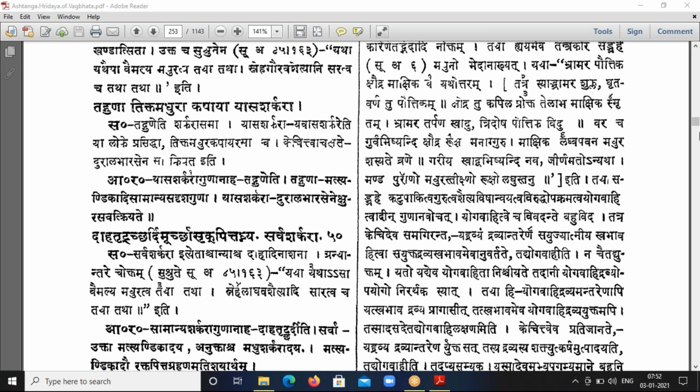In Sangraham, we will find a few more sources from which you can make Sharkara. Trudosha Shamanatvam is attributed to this Yasha Sharkara and other alternatives. We find in Sangraham: Tadguna Tikta Madhura Kashaya Yasha Sharkara, Trudoshakhnicha Sa, Kasha Ishu Darbhachada Sambhavaha. Chadam means leaf.